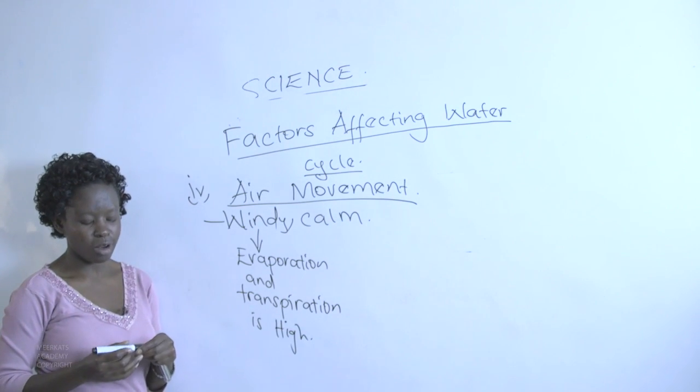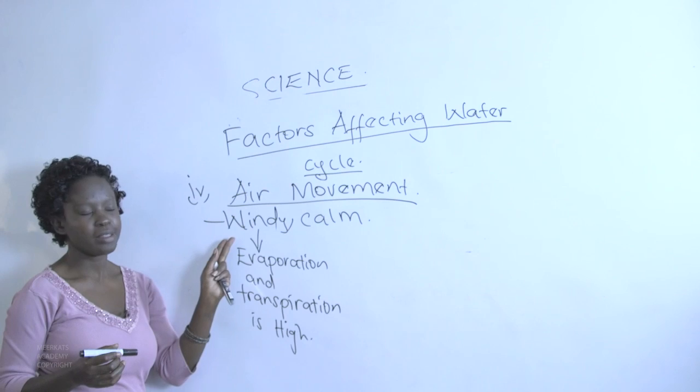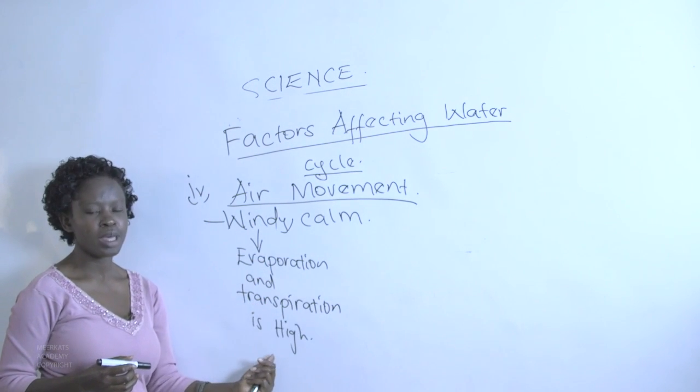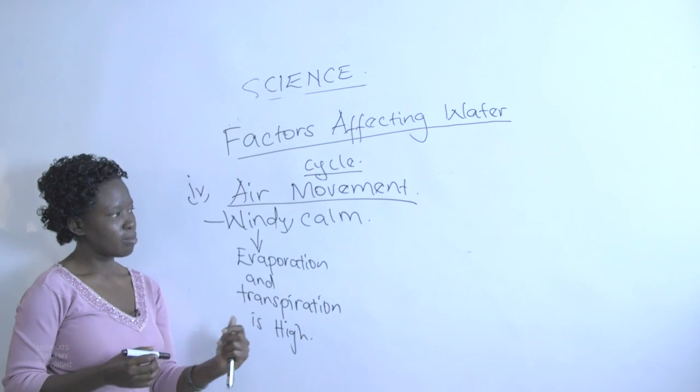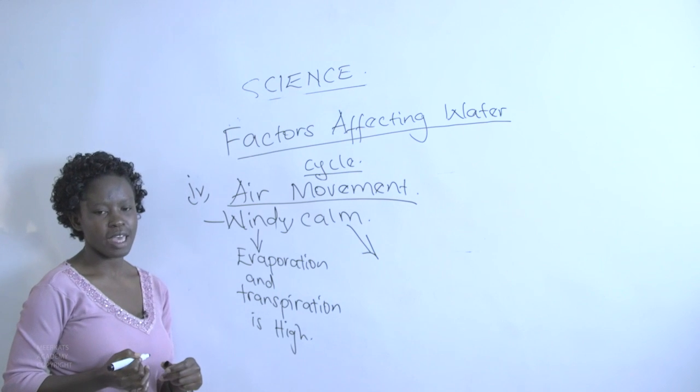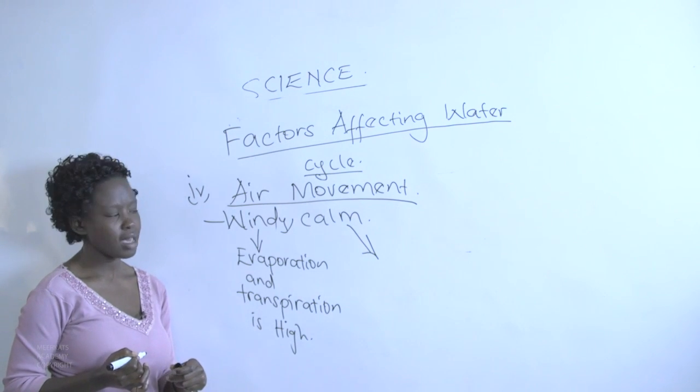When there is a lot of movement of air in the atmosphere, then evaporation and transpiration is high. But when it is calm, the movement of air is very minimal in the atmosphere.